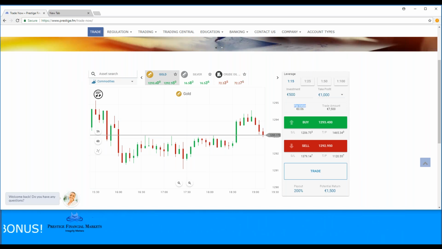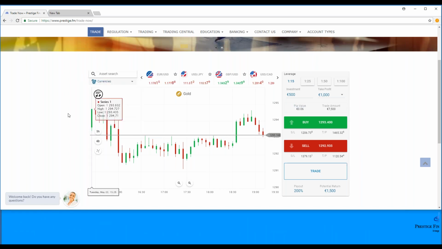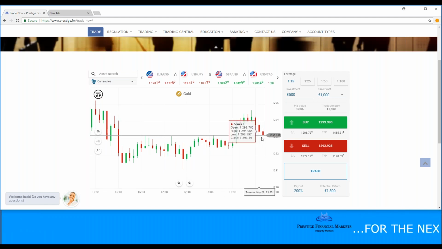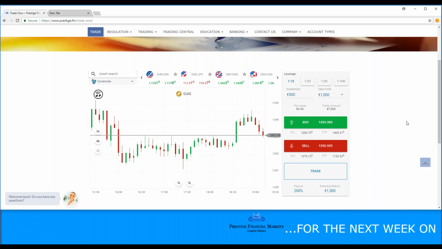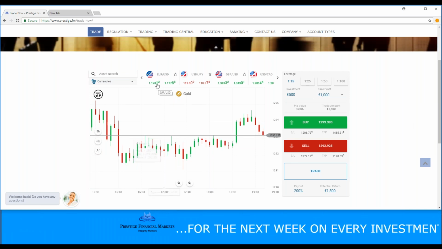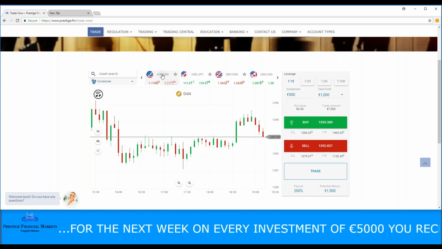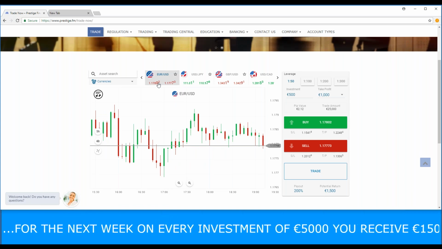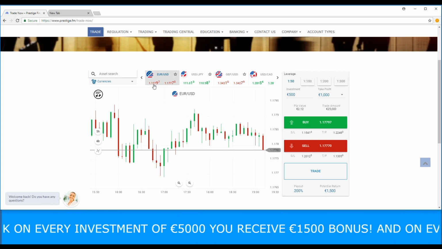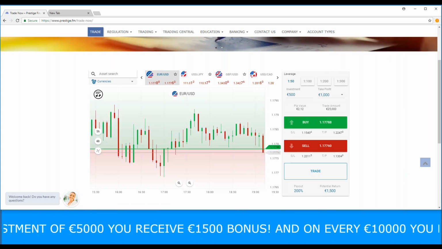Okay, pip value, that is the next most important thing. What is a pip? A pip is the smallest movement of the price. Basically, on Euro USD, you have a tick, and the first number after the tick is the pip. So you can see here two numbers like on this.